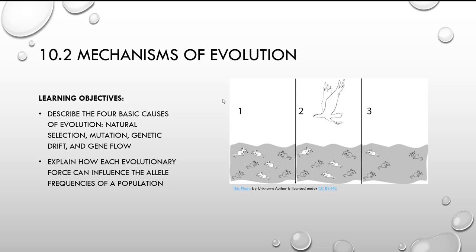And then we will also explain how each evolutionary force can influence the allele frequencies of a population. So we're continuing to focus in on that Hardy-Weinberg equilibrium, but using that idea of allele frequencies and seeing how they change over time.